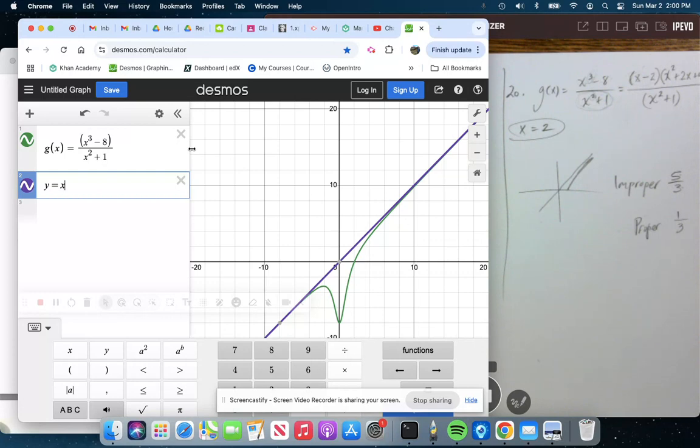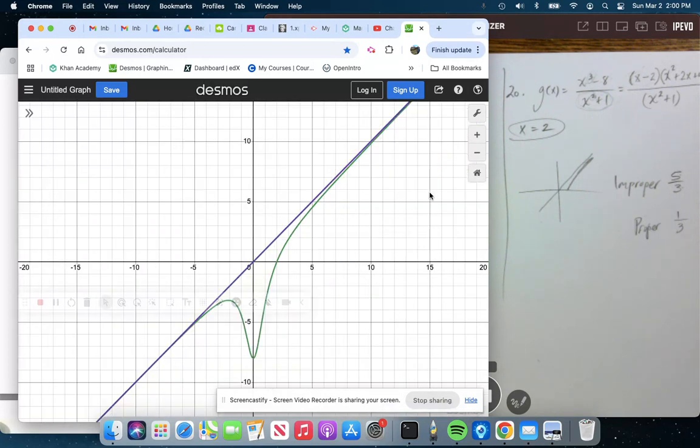And there it is. So we can zoom back in so you can see how it behaves in the beginning. You see how the graph is approaching that purple line, but it will never touch it. Same way down here, it approaches from underneath, but it never touches it.